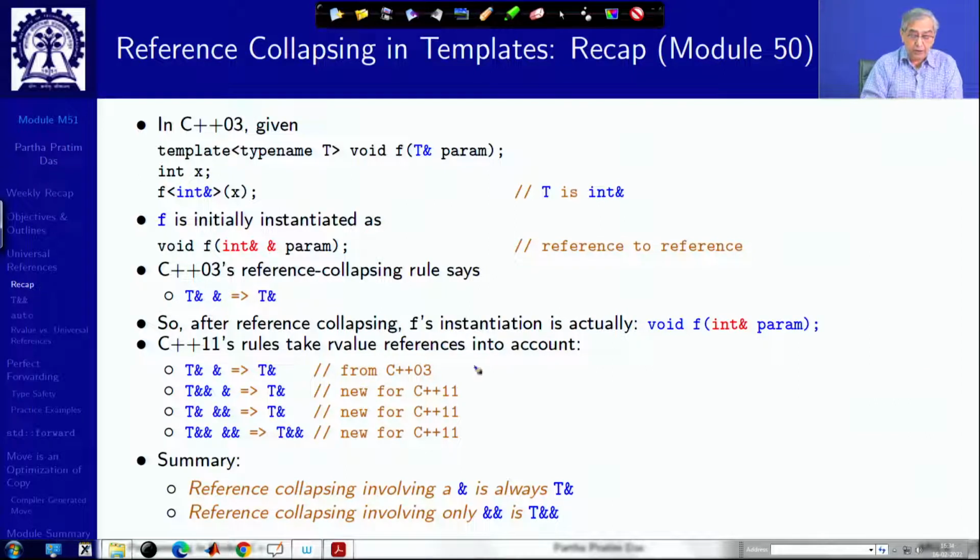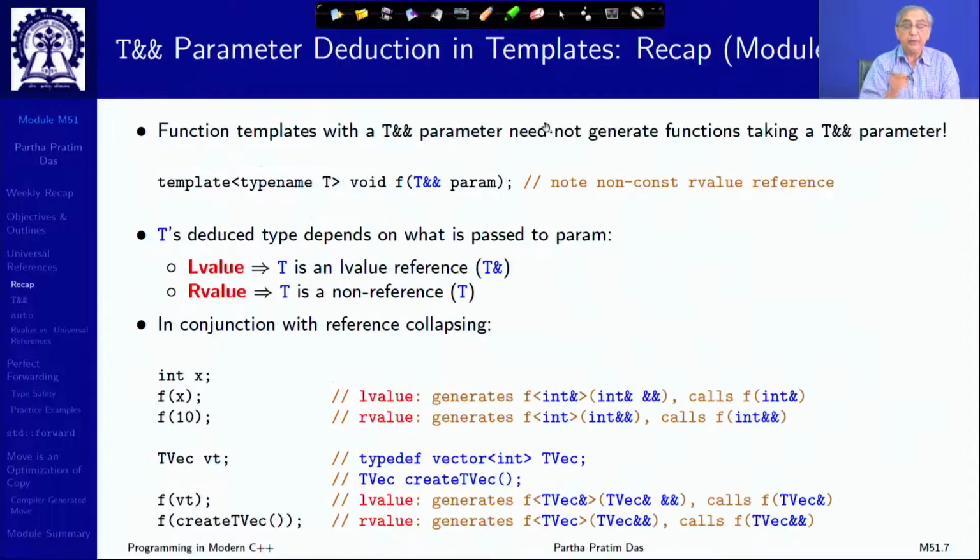So, there are 4 possible combinations, and we learned the collapsing rule that reference collapsing involving any L value reference will always collapse to L value reference, and reference collapsing when it involves only R value reference will collapse to R value reference. This is the only rule where R value and R value will collapse to R value, otherwise it will always be L value. We need to keep this in mind, and this will be typically used here.